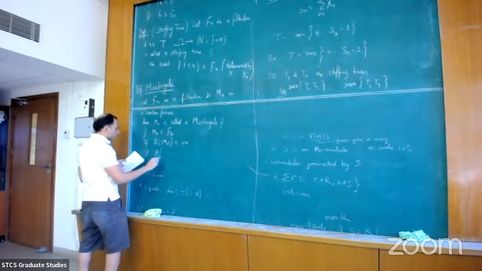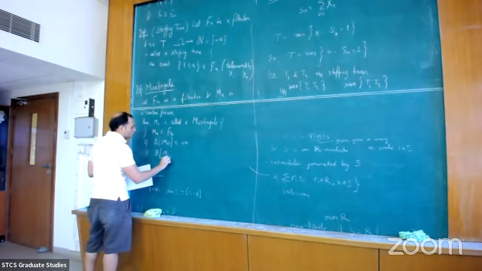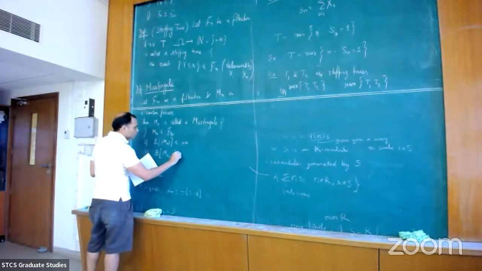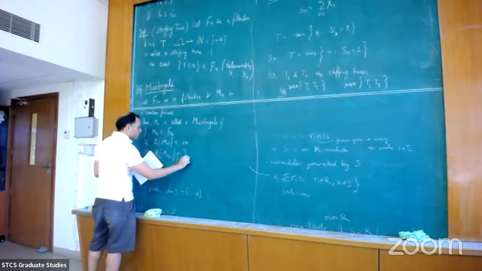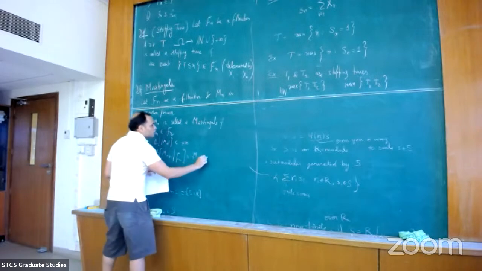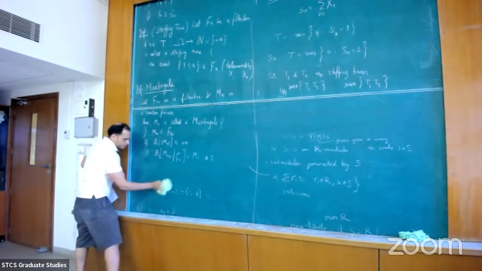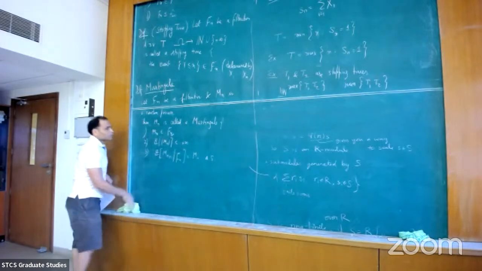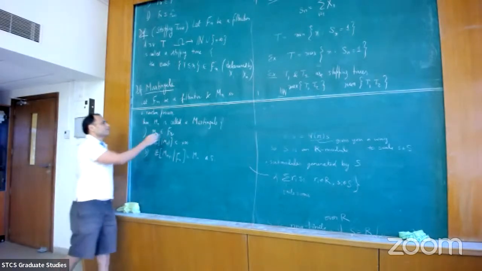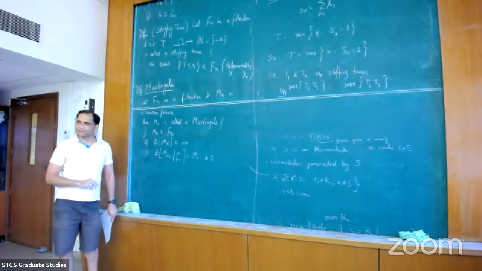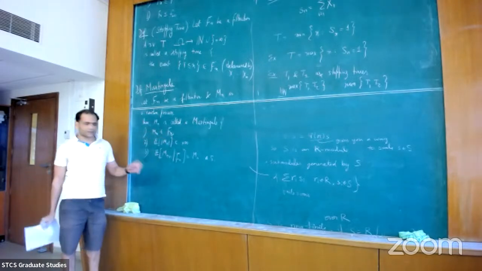The conditional expectation of Mn plus 1 given Fn is equal to Mn, almost surely, that is, with probability 1. If you don't like Fn anywhere, replace Fn by x1 through xn everywhere. Mn is a function of x1 through xn.